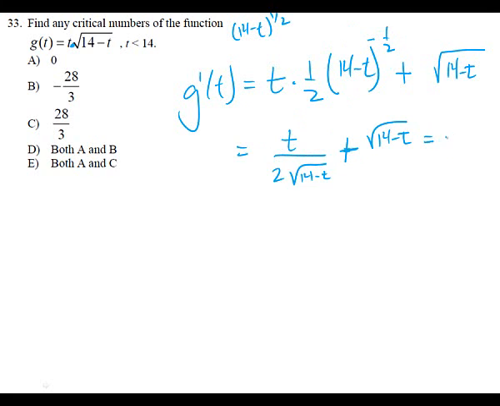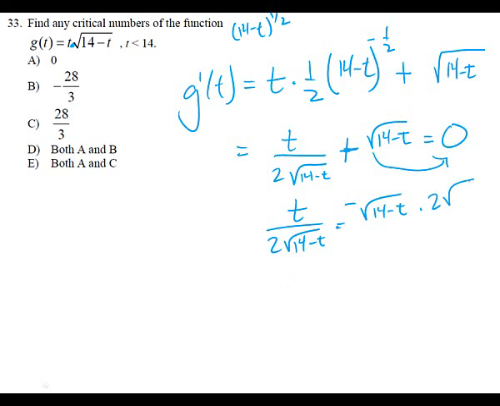I'm going to set that equal to what? 0. I'm going to take this and move it to the other side by subtracting. Square root, you can do that. It's okay. In order to get rid of this mess, don't I multiply by this? So think about that.